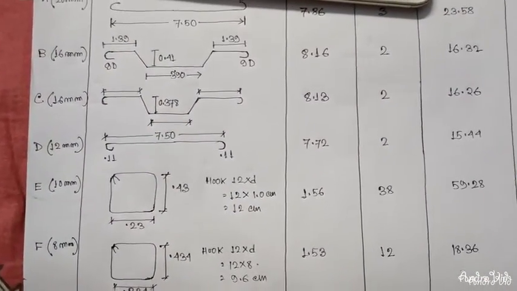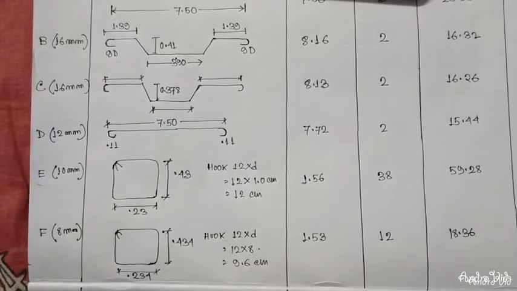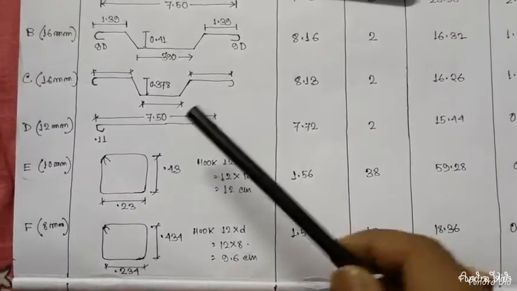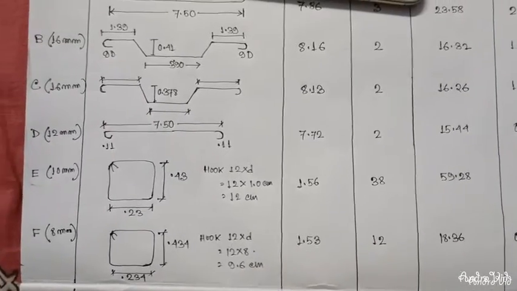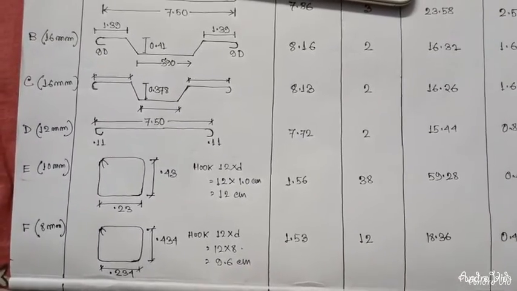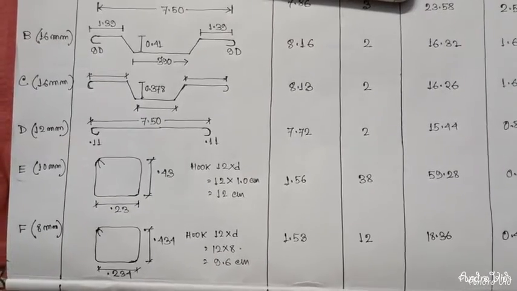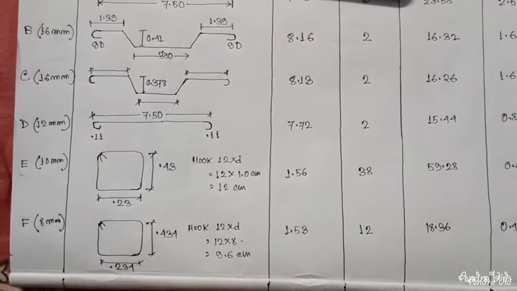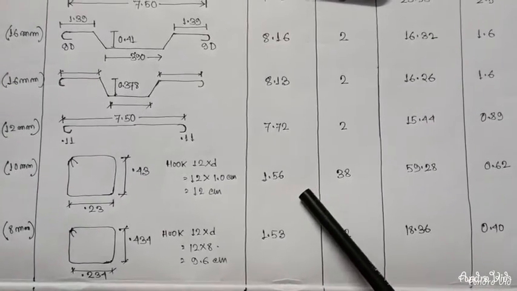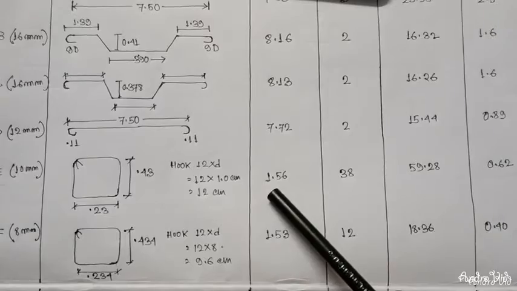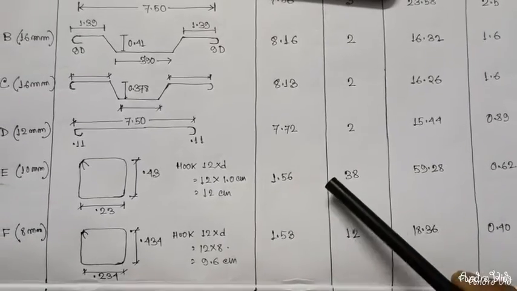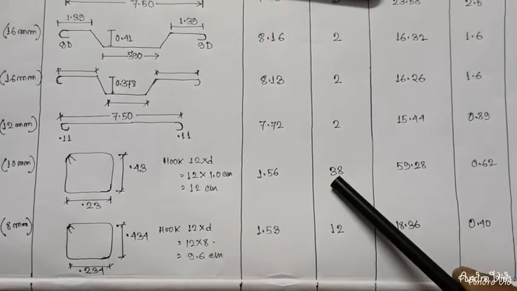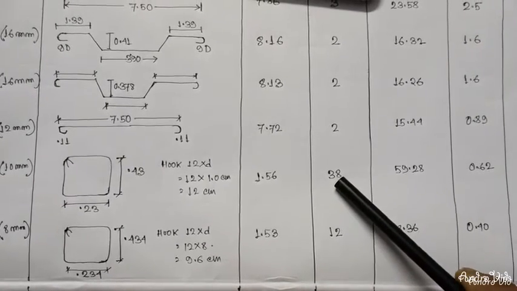Our next bar is the 10 millimeter diameter stirrup bar. This is the shape of this stirrup bar, and all the dimensions we have already calculated in our last lecture. The length of a single stirrup is 1.56 meter, and the total number provided in our problem is 38.